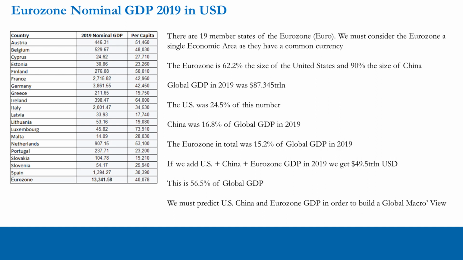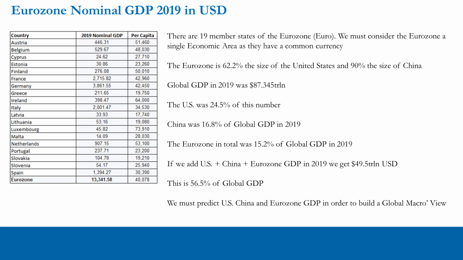There's the European Union and the Eurozone. And we're going to be specifically looking at the Eurozone. There are 19 member states of the Eurozone. Those are the countries that are members of the common currency, the euro. And this is considered a single economic area.